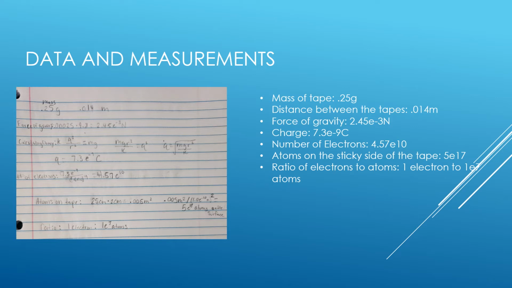And I found the atoms on the sticky side of the tape to be 5 times 10 to the 17 by finding the area of the tape, which was 0.005 meters squared, and then dividing that by the area of one atom. And then I found by dividing both sides by the amount of electrons I had that the ratio of electrons to atoms was 1 electron to 1 times 10 to the 7th atoms.